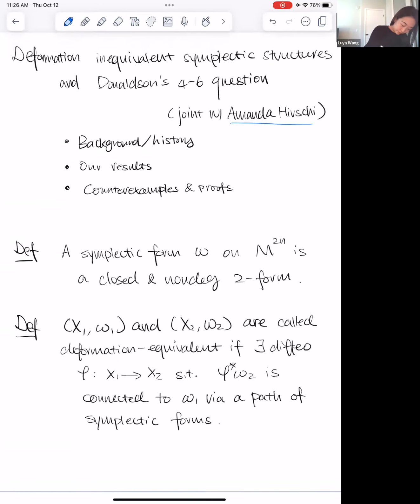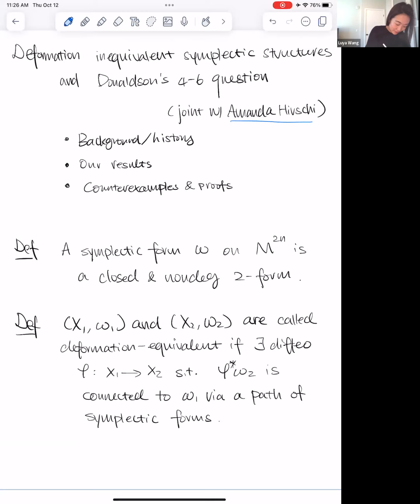Okay, so just to remind you, a symplectic form on a smooth 2n-manifold, not necessarily closed, is a closed and non-degenerate two-form.